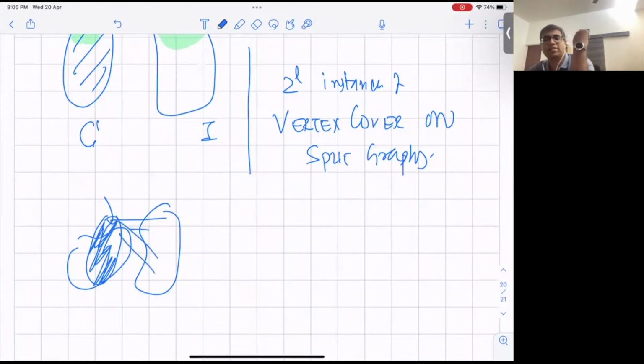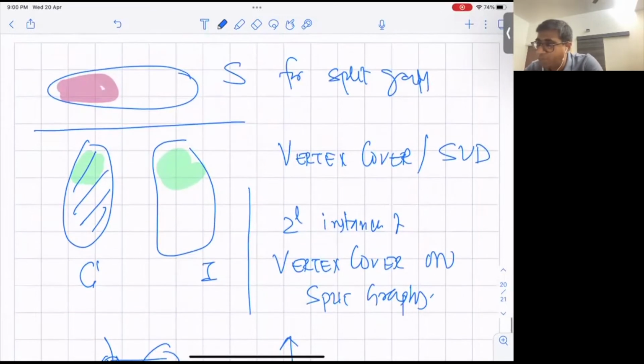So you can solve the problem on split graphs in poly time. Whenever you parameterize vertex cover by some other object which is smaller, you are basically reducing that problem to that many instances of that problem. That is the overall idea which I wanted to give you.